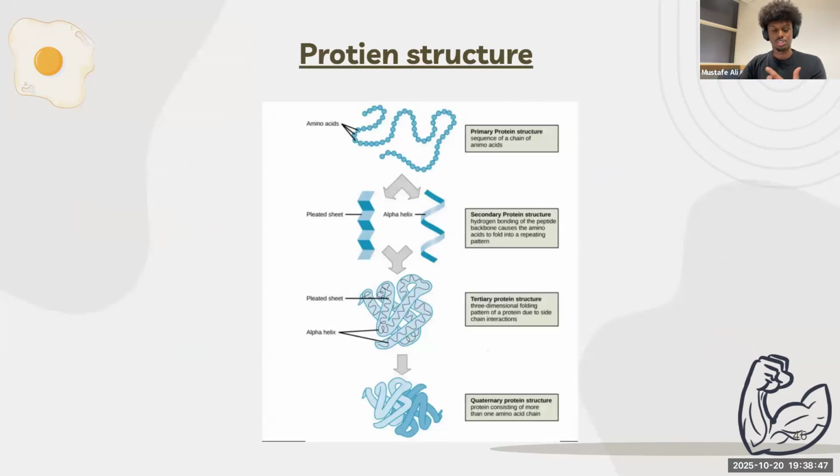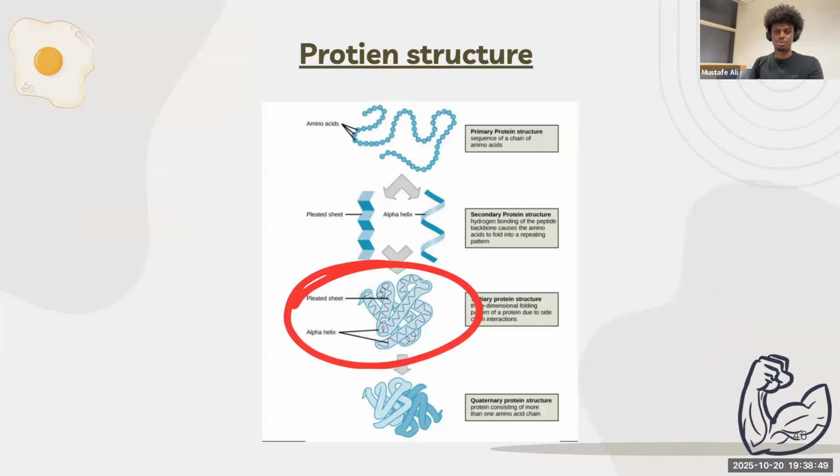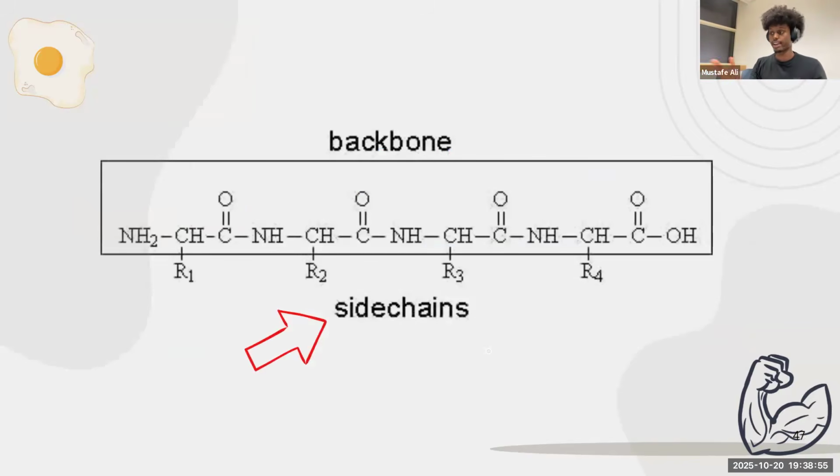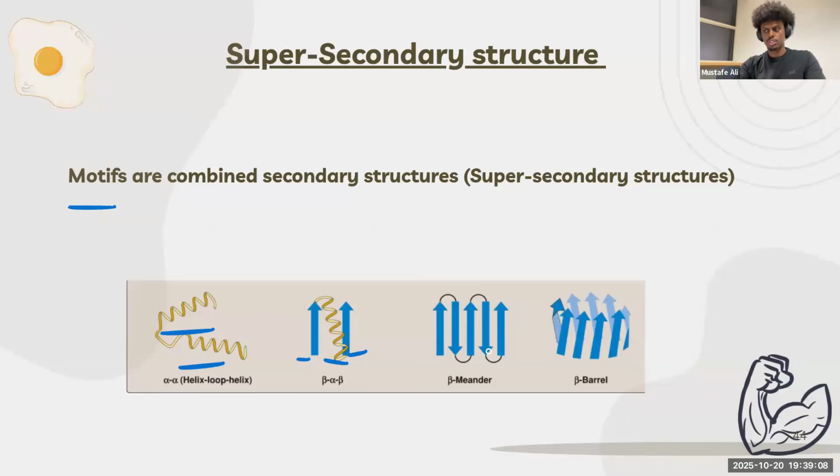So I hope the secondary structure made sense. Now we'll be moving on to the tertiary structure and seeing how that looks. Now, for the tertiary structure, again, we're on this side. We talked about previously the secondary structure. One sec, can you explain motifs again? Okay, all I need you to know is that motifs are just literally a combination of secondary structures.